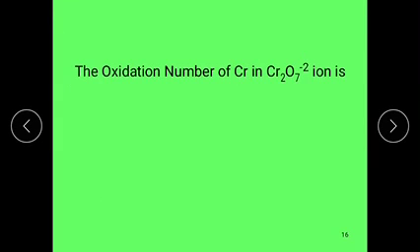The oxidation number of chromium in the chromate ion: the options are +4, -2, +2, +6. The right answer is +6. Just now we discussed K2Cr2O7, and similarly here, in place of potassium, we take the charge as -2, since it is an ion.